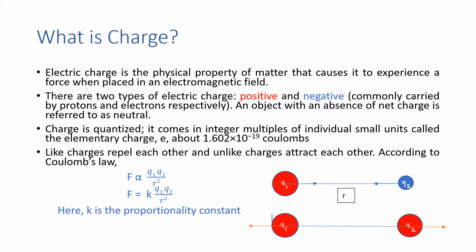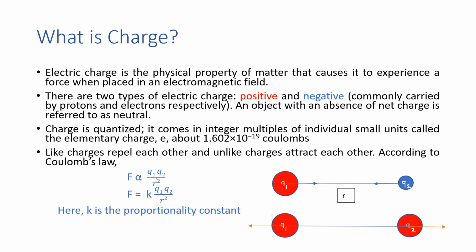The positive charge is mostly carried by protons and the negative charge is carried by the electrons. An object with an absence of net charge is referred to as neutral, which means it doesn't have either of the charges.